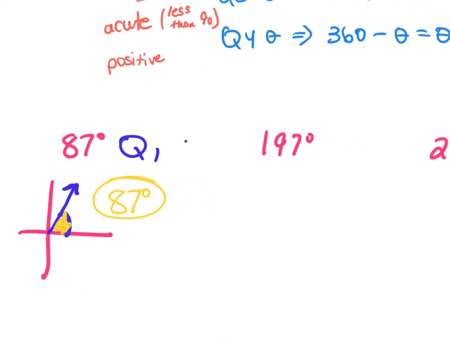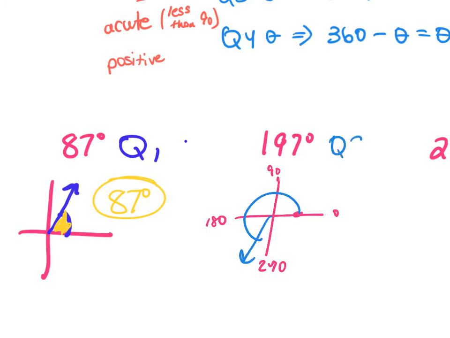If they give you this angle, 197, that means it starts here. Think about this. This is 0, 90, 180, 270. So the first thing you need to do is figure out where 197 is. What quadrant? Third, somewhere over here. If you were to draw the reference angle, it's from the terminal side to the x-axis.